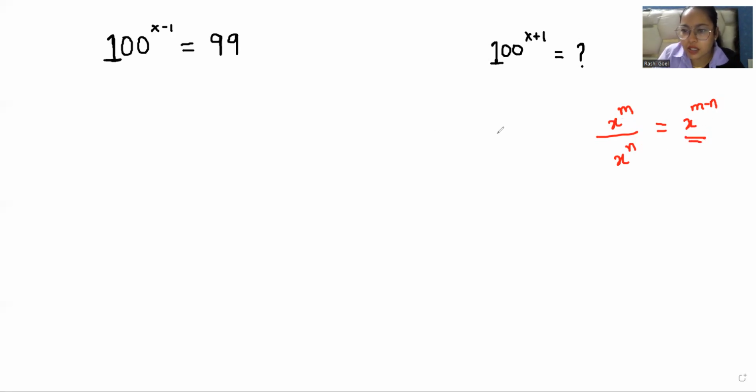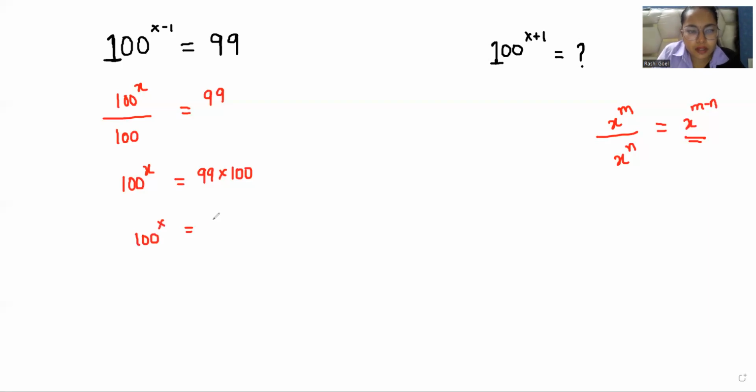So I can write it as 100^x over 100 is equal to 99. If I take 100 to the other side, the value of 100^x is 99 times 100. The value of 100^x is 9900.